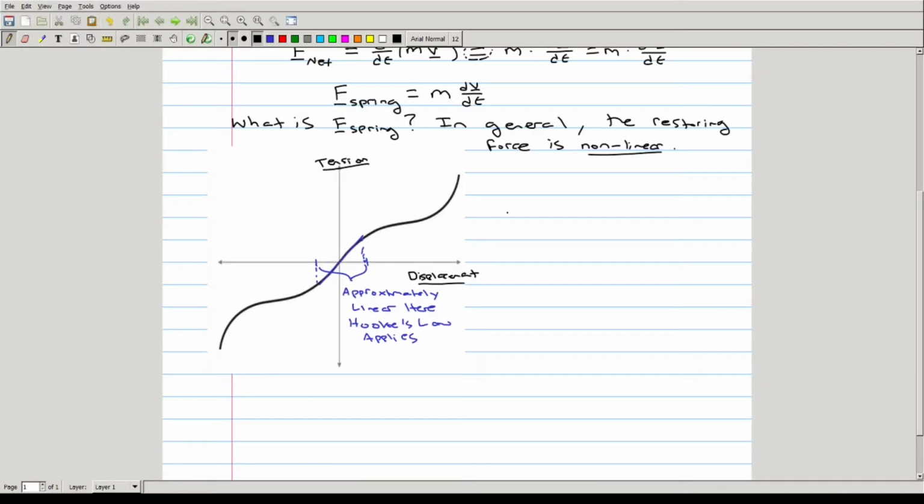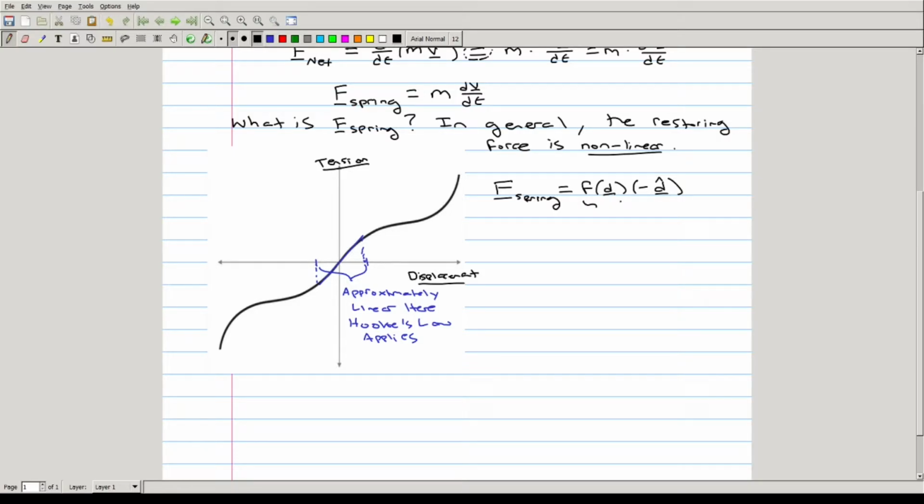In general, this F spring force vector is going to be equal to some nonlinear function of the displacement vector, multiplied by negative, times the direction of the displacement vector.